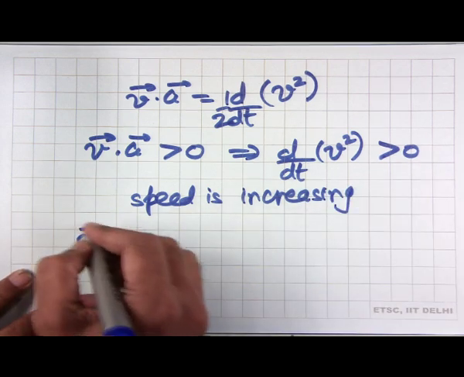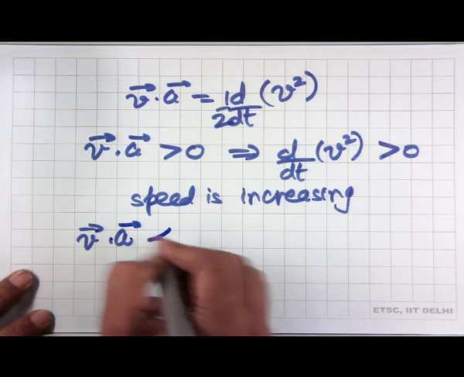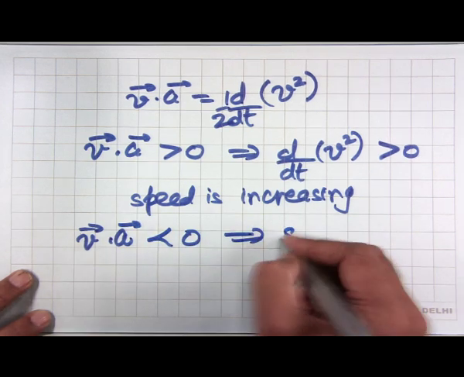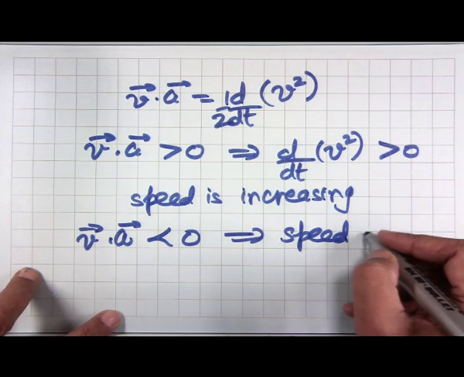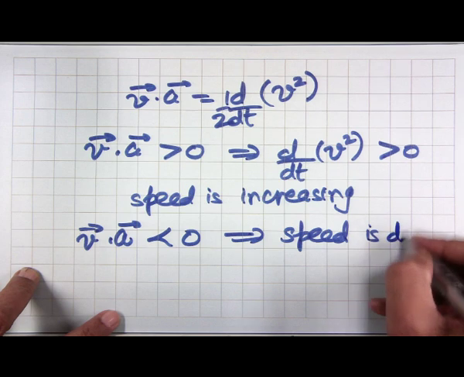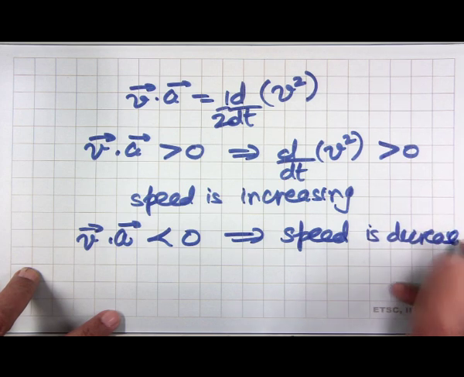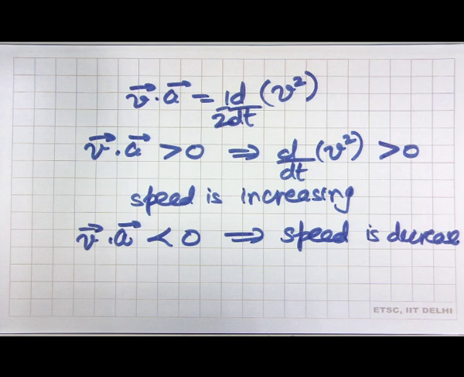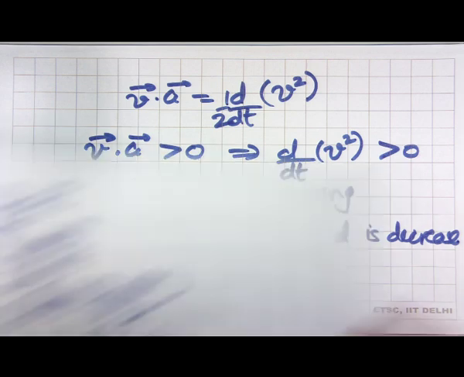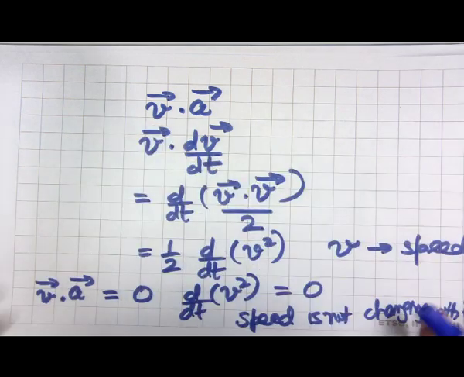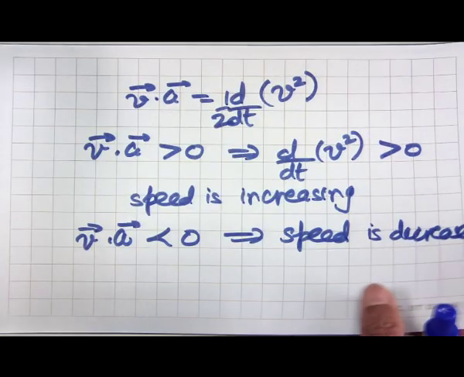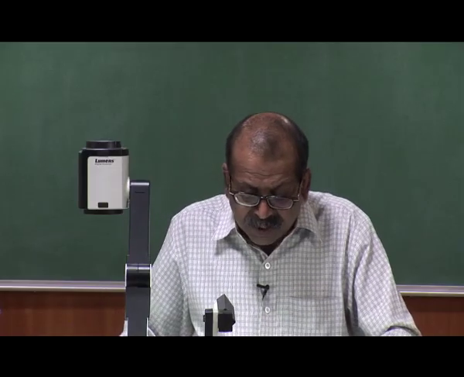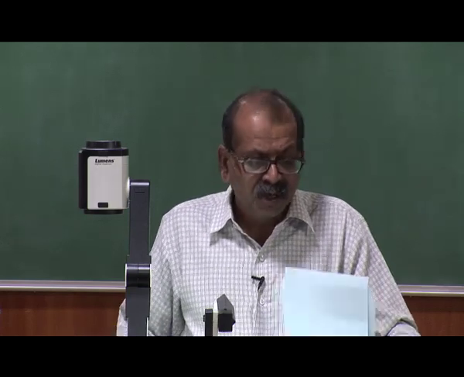And if v dot a is less than 0, this will imply that during the path of the particle, the speed of the particle will decrease. So sometimes when we have to make conclusions about quantities, we can use these mathematical facts to make qualitative interpretations very easily.